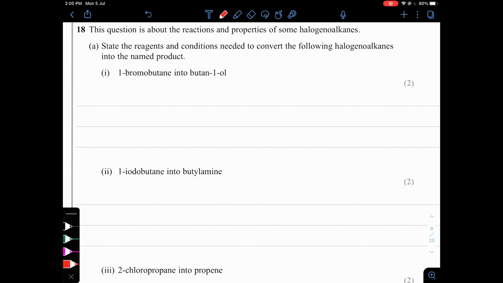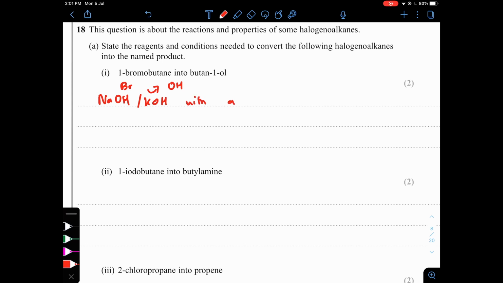So let's think about it. So if we need to remove the bromine atom, and we need to put it into another, we need to put what? OH group, right? The easiest way to do that would be to use a hydroxide. Now, which hydroxide would we commonly use? We can use sodium hydroxide, or KOH, right? What else would we also use? These hydroxides in reactions are usually used with what?